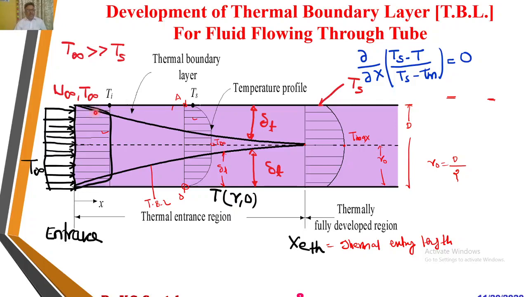And because of heat transfer, it will gradually increase as we move away towards the center line. So the temperature profile will change its shape from uniform shape to somewhat parabolic shape. As we move further in the x direction from the inlet of the pipe, the effect of heat transfer will penetrate more and more, and the temperature profile will continuously change.